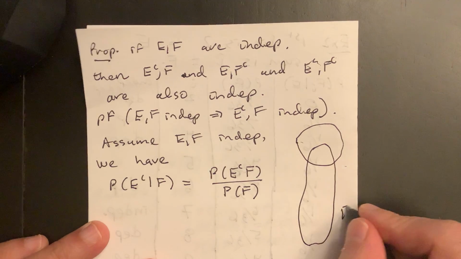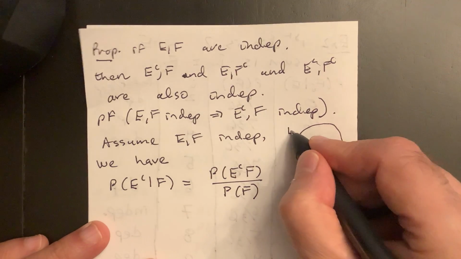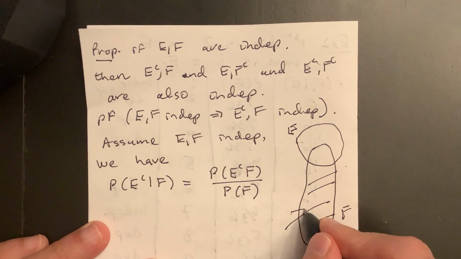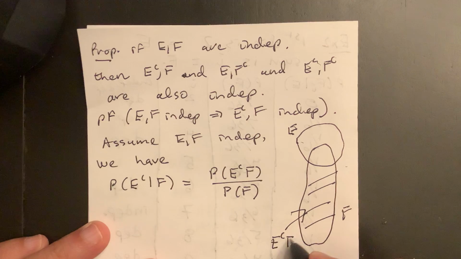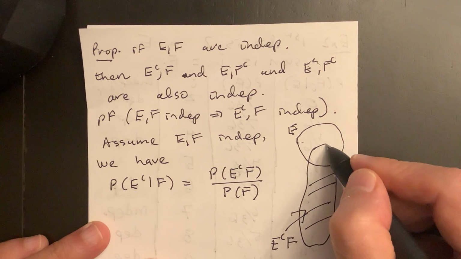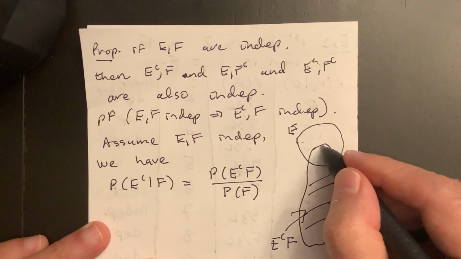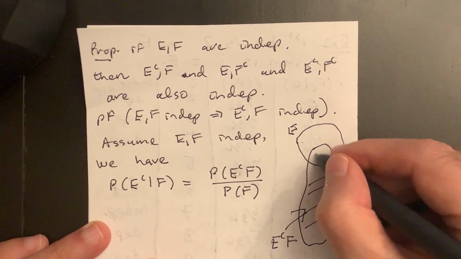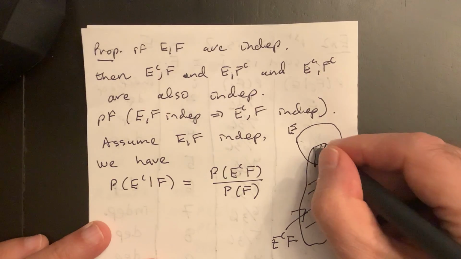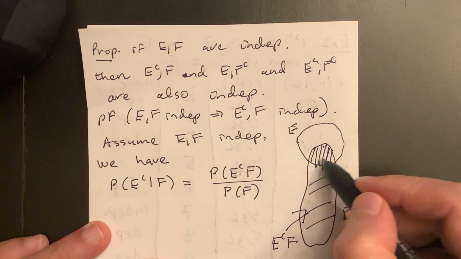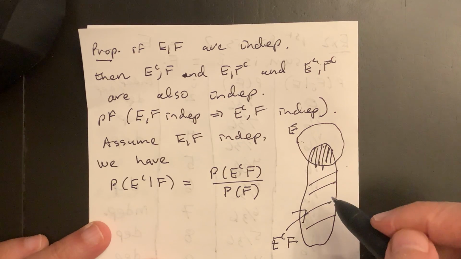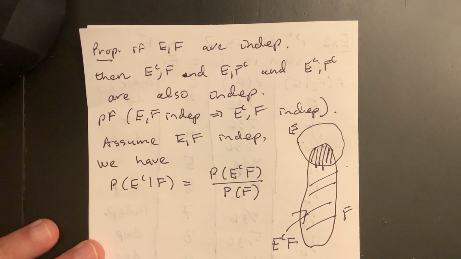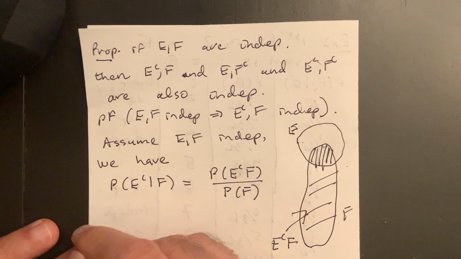Here is F, say, and here is E, and here is E^C F. So I can write E^C F as F minus EF.